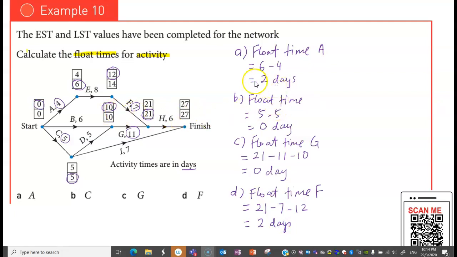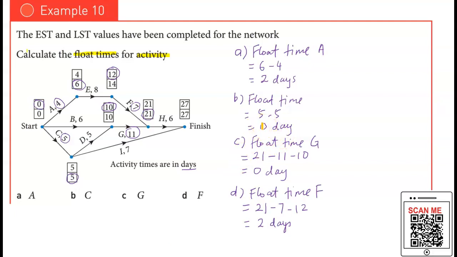Now let's look at the answers that you found here. It seems like some of the float times of the activities are 0, some are actually non-zero. Now if you still recall, the float time with 0 value, what activity would that be? That will be basically what you call a critical activity, right?